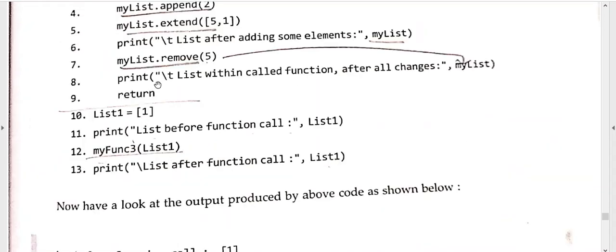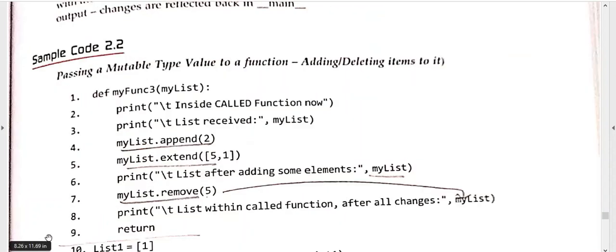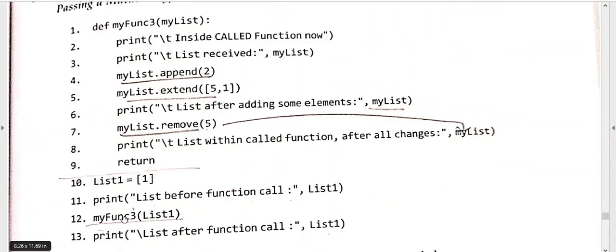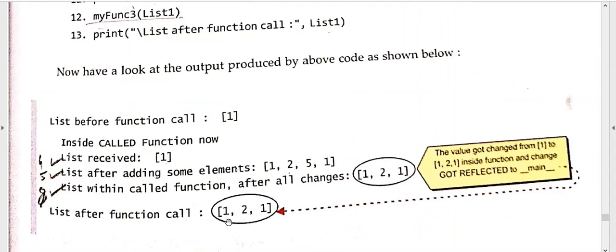Now the return statement: as we receive it, this function call will get back to the function definition here. Now the list after the function call will be the same as what we have here, 1 2 1. Why did it happen? Because we have used a mutable data type, that is a list, which makes permanent changes. Why does it make permanent changes?